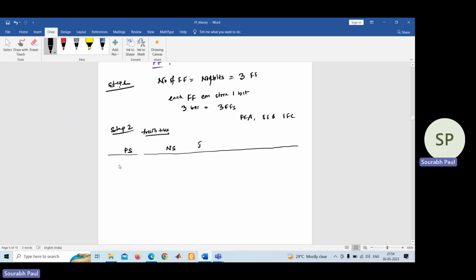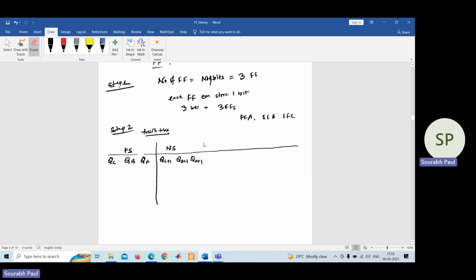Suppose in the present state, you have QC for flip-flop C, QB for flip-flop B, and QA for flip-flop A. The next state is denoted by QC plus 1 for flip-flop C, QB plus 1 for flip-flop B, and QA plus 1 for flip-flop A.